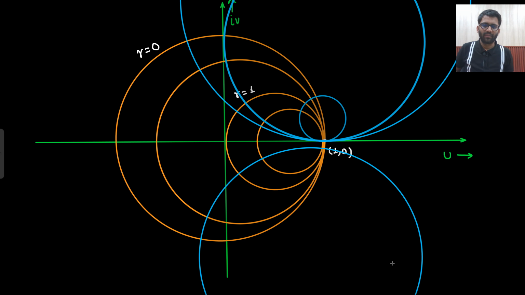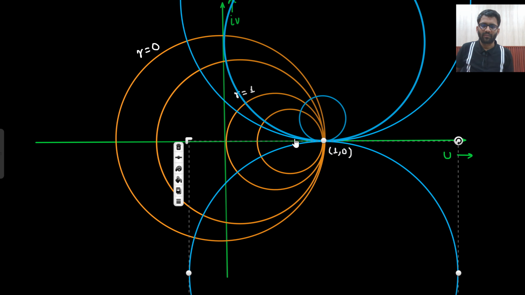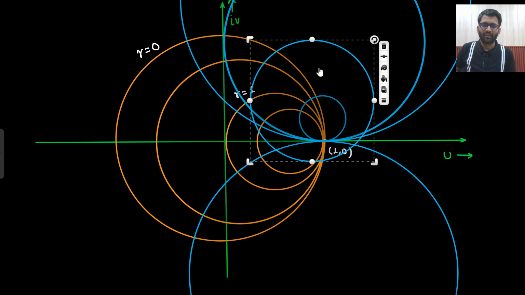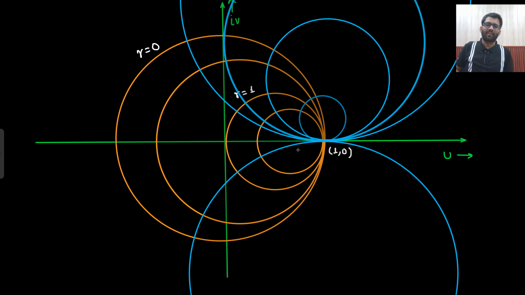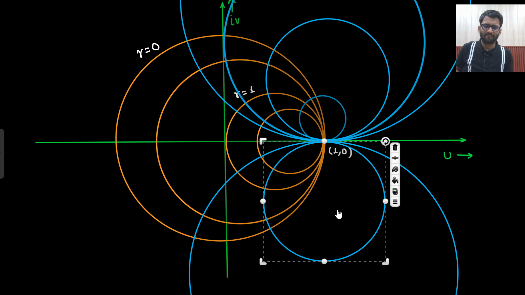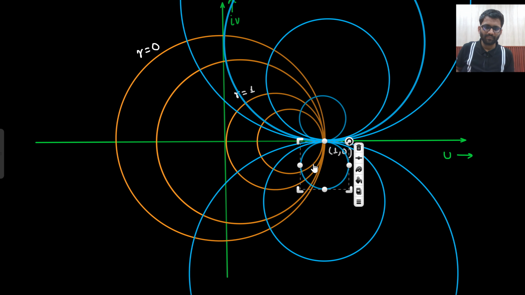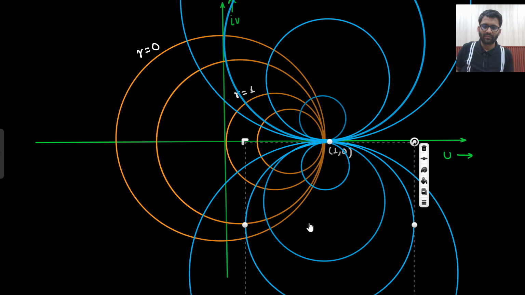Same goes downward. Let's make one more here. Yeah, let's make this one. Then there is a smaller one, and the one which is passing through this axis.